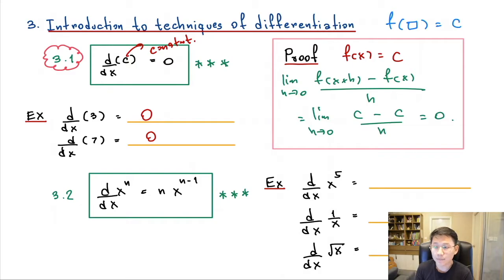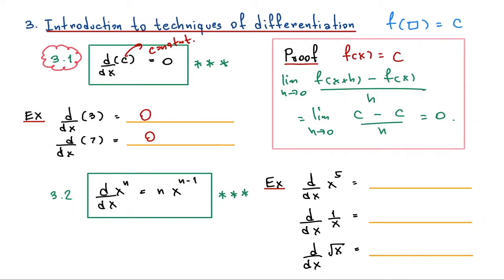I'm going to focus on the application side. So I'm just going to apply this property, which is that the derivative of x to the n is n x to the n minus 1. Basically, you just push n to the front, and then you subtract 1 from n. So let's look at some examples.